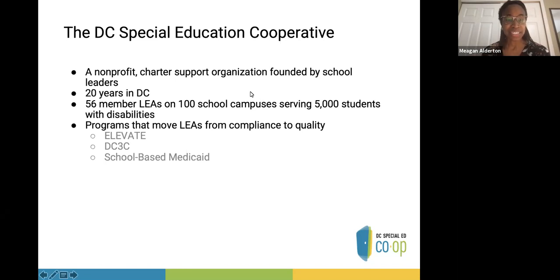Here we are almost 21 years later, and we are up to 56 member LEAs serving 100 school campuses, serving at least 5,000 students with disabilities.